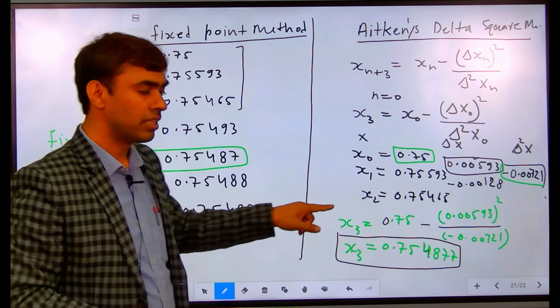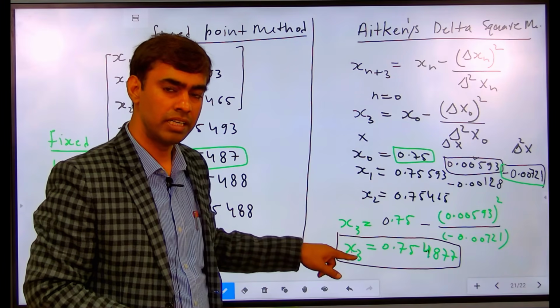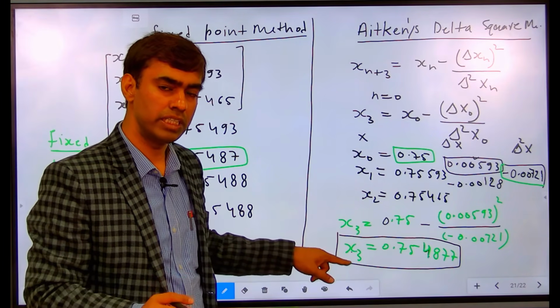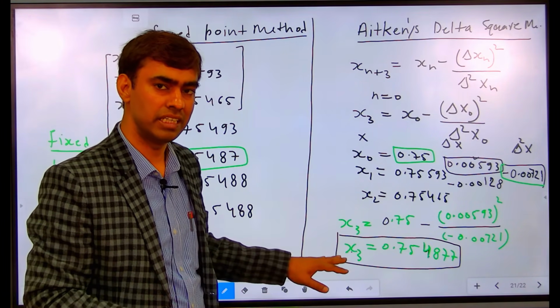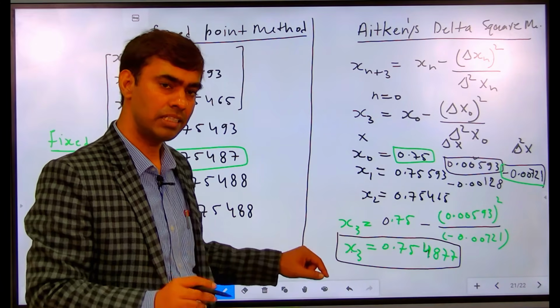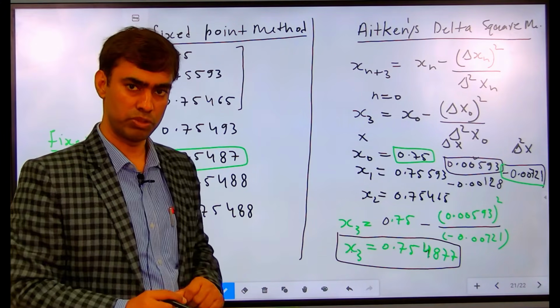This means the number of iterations required for the same level of accuracy in Aitken's delta square method is less in comparison with the fixed point method.